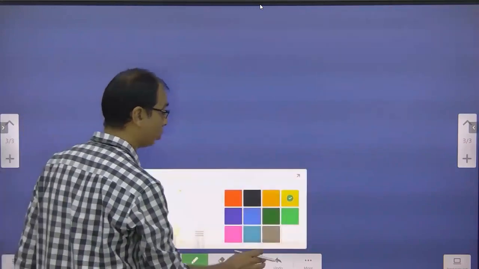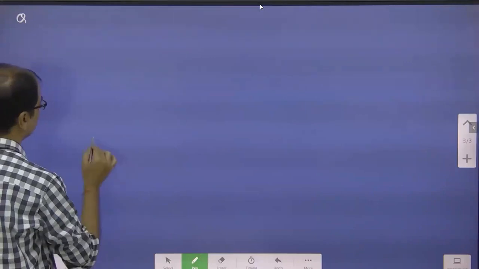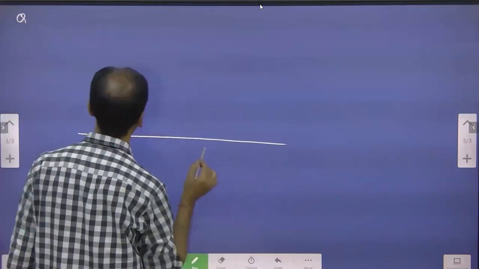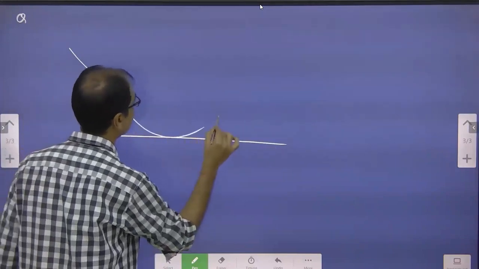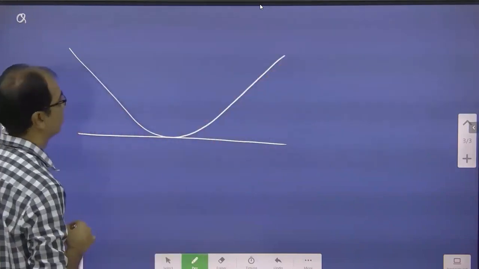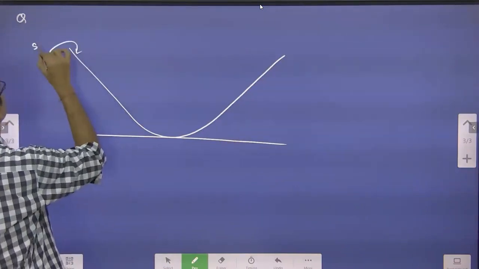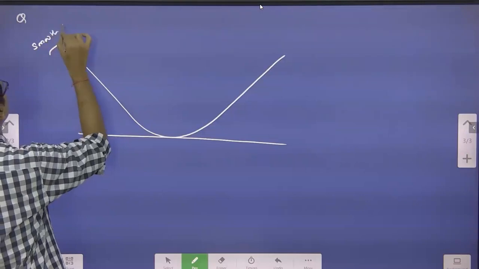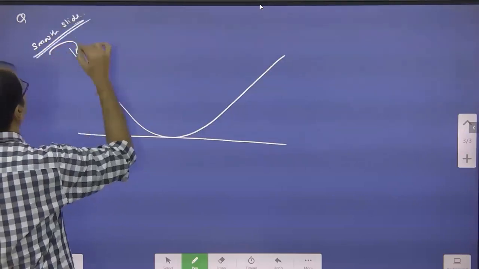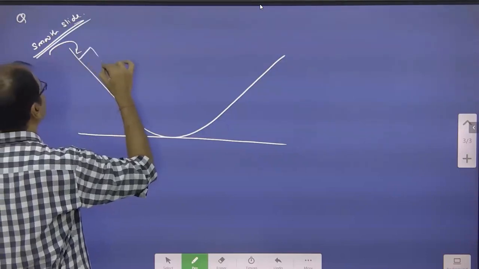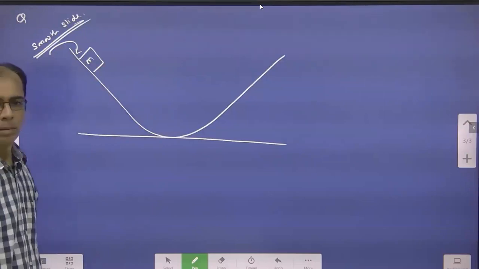Right. Now, one more question I'll give you. Let's see this time what you say. It is something like this. There's a smooth slide, and I am releasing one block from here.